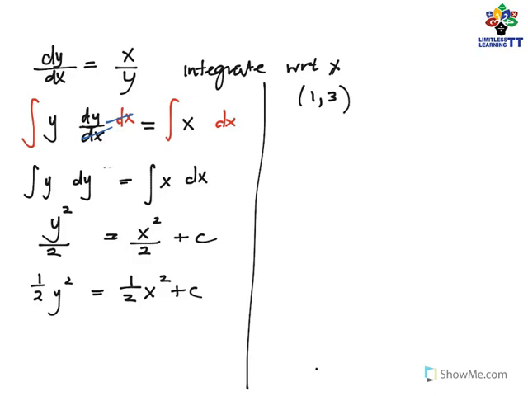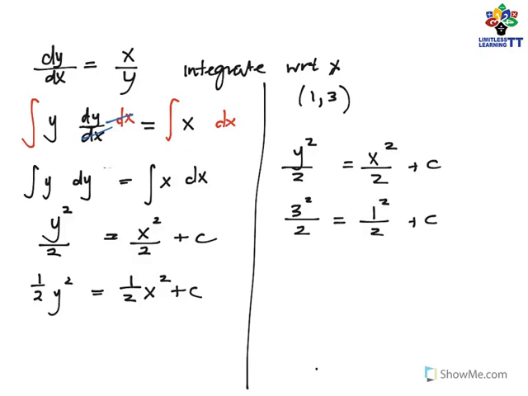So you just plug that into your equation, and so you get, I'm going to stick with the y squared part. The y squared over 2 is equal to x squared over 2 plus c. Y cubed will be 3 squared over 2 is equal to 1 squared over 2 plus c.